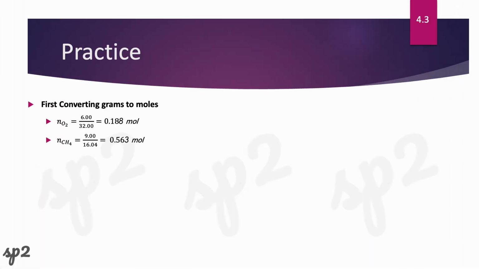The first step is converting the grams to moles using the molar mass. Oxygen gas is O2, so that will be 32 grams per mole. That is 6 over 32. Methane is 16.04 grams per mole, so that will be 9 divided by that, and that is going to give us the moles of both of these gases.